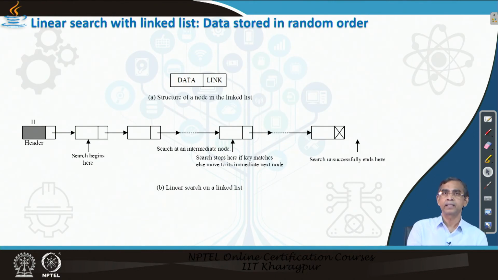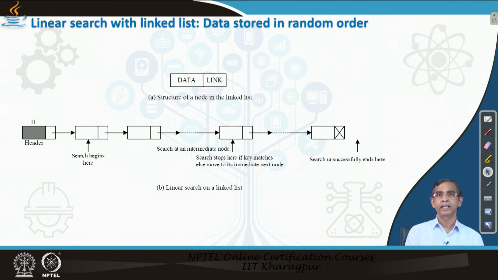Now, let us come to another linear search technique, but when the data is stored in a linked list data structure. We are already familiar with the linked list data structure, and possibly we have discussed the search operation there. We defined a data structure called linked list, where we defined many methods: insertion, deletion, and possibly searching also.